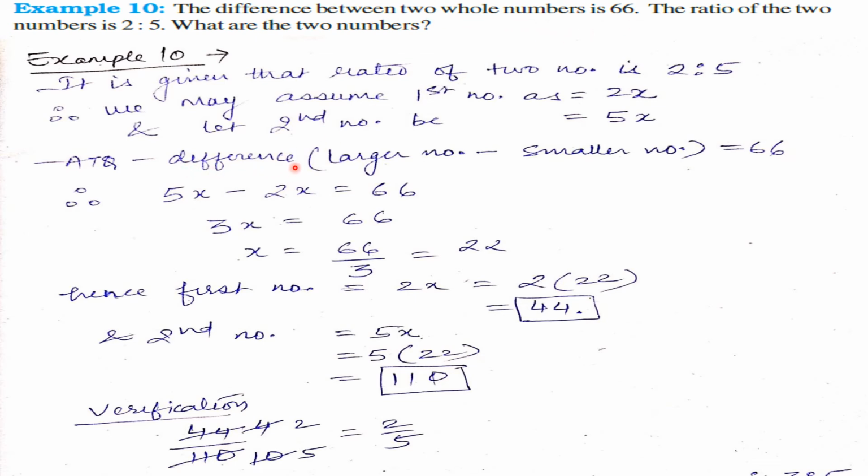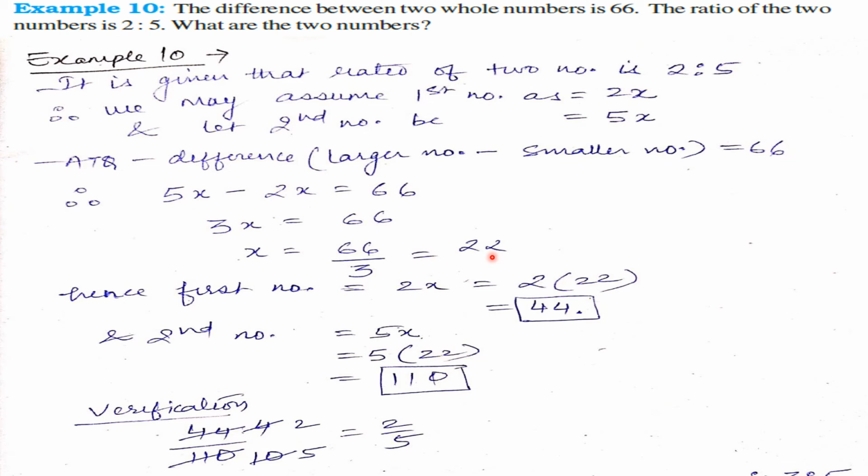Now, what is the difference meaning? Difference means larger number minus smaller number. Okay. So 5x is the larger number, minus 2x equal to 66. So we all know they are like terms. They can be solved. 3x equal to 66, x equal to 66 upon 3, that is 22.